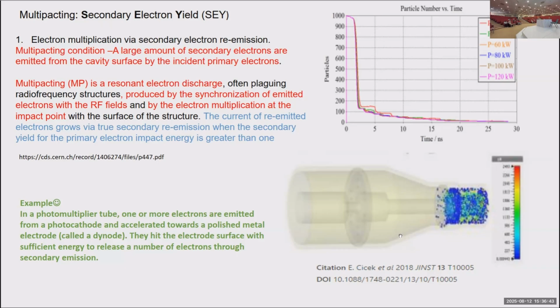That's the principle of photomultiplier tubes. This is multipacting. Night vision goggles are also the same: multiplication of the number of electrons. If it increases, it will be multipacting.